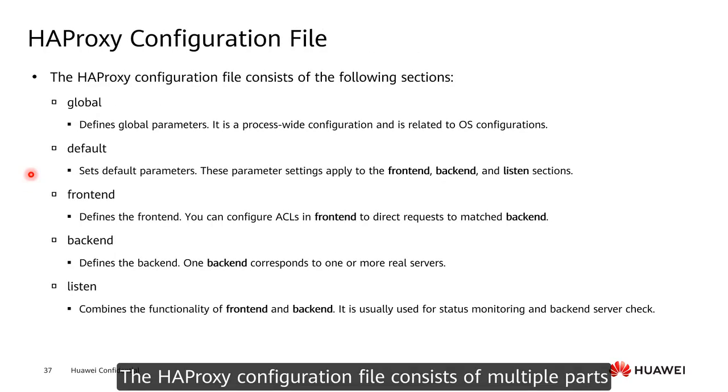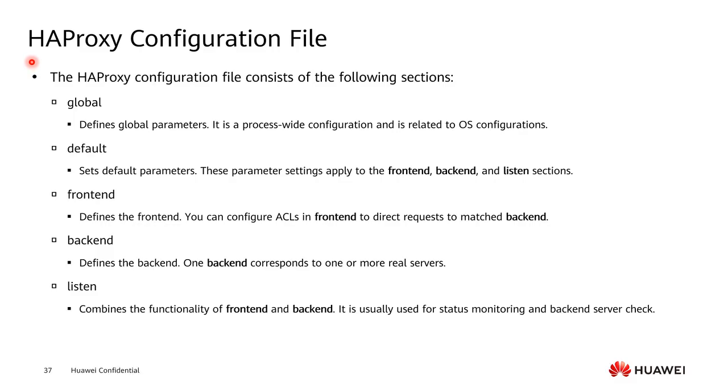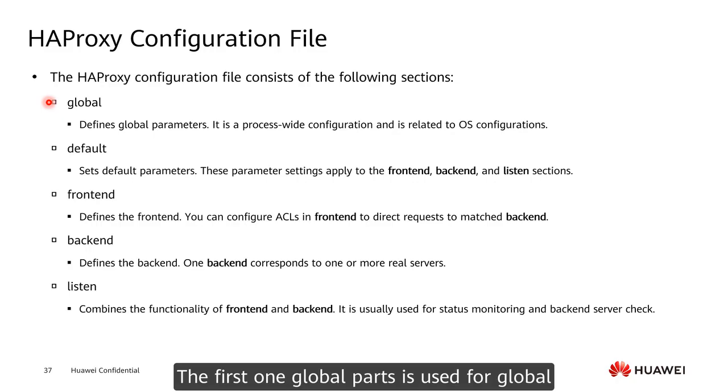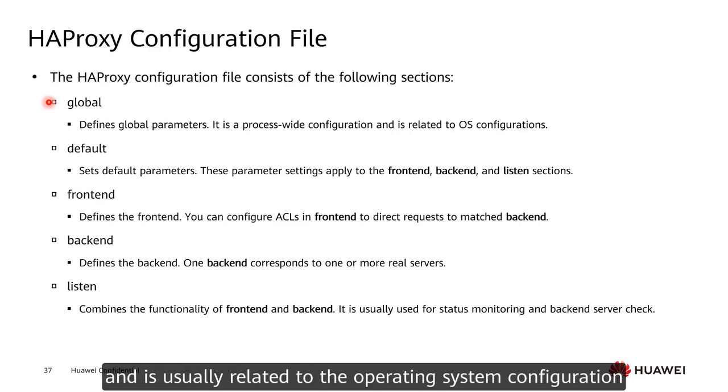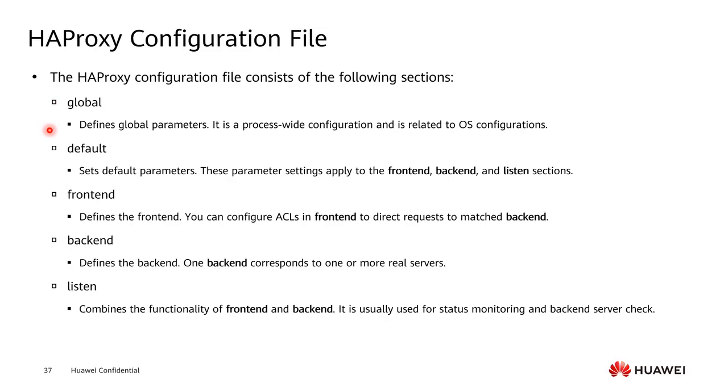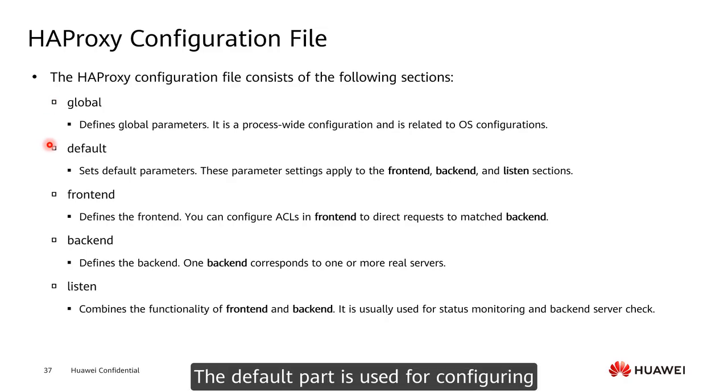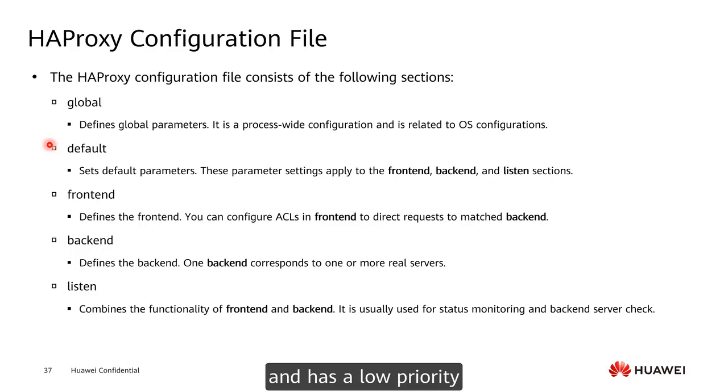The HAProxy configuration file consists of multiple parts. The first one, the global part, is used for global configuration, which is the process-level configuration and is usually related to the operating system configuration. The defaults part is used for configuring the default configuration of HAProxy and has a low priority.